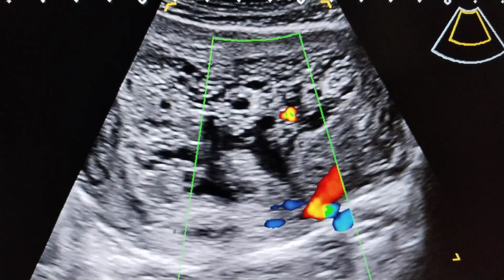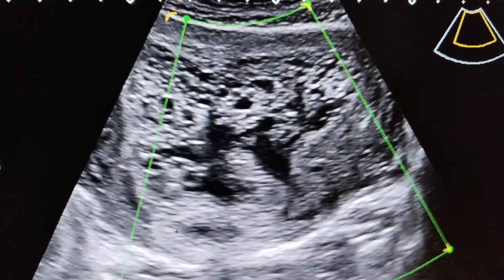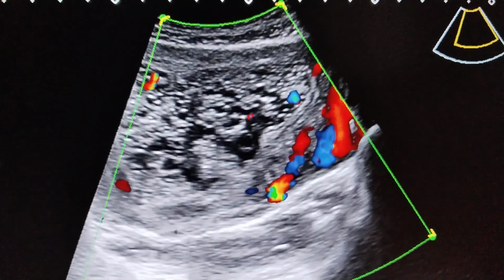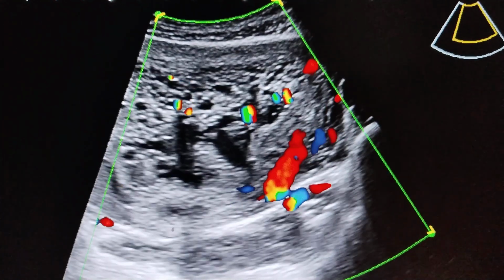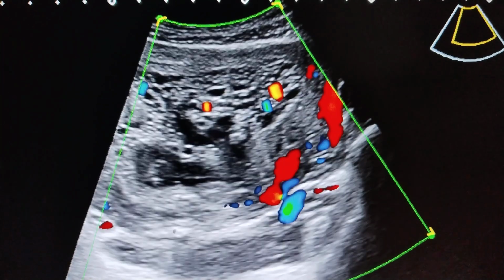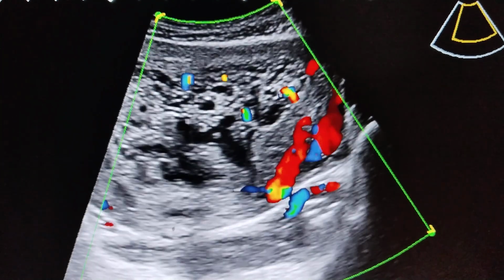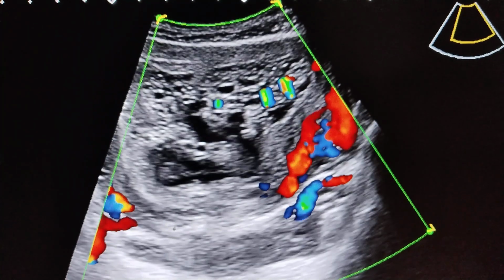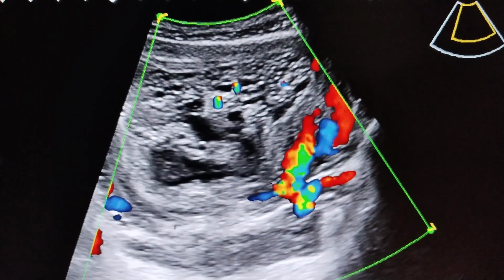So when we put the color, we can appreciate such kind of vascularity which is present within the mass and also in the periphery of the mass.